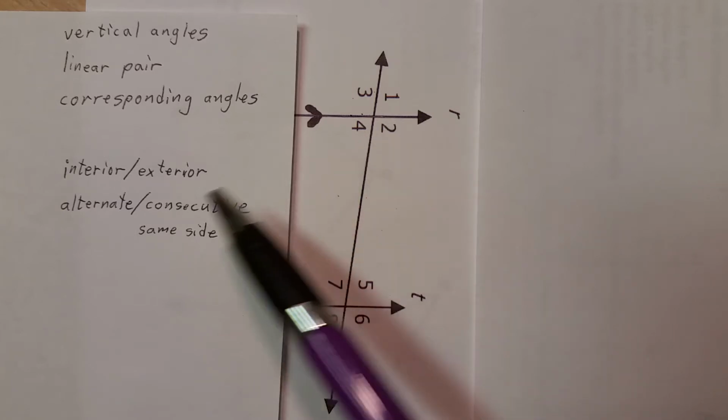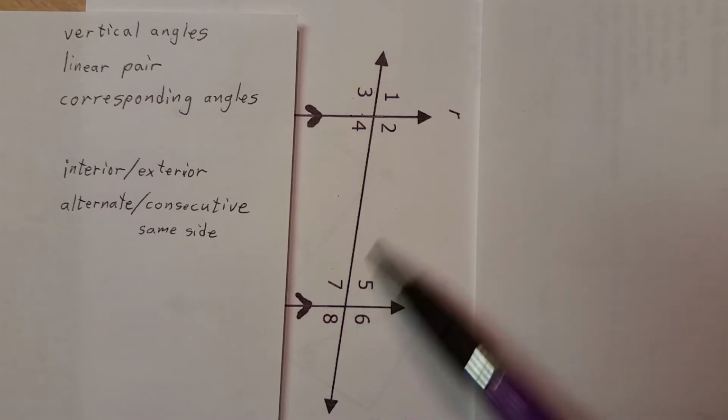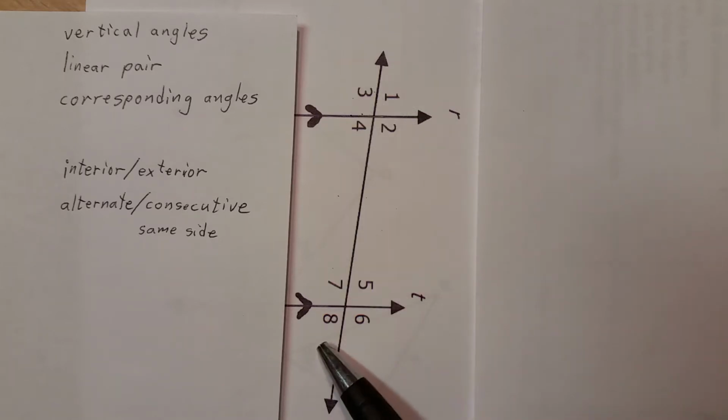And consecutive interior, 4 and 7 are consecutive. 3 and 8 would be consecutive exterior.